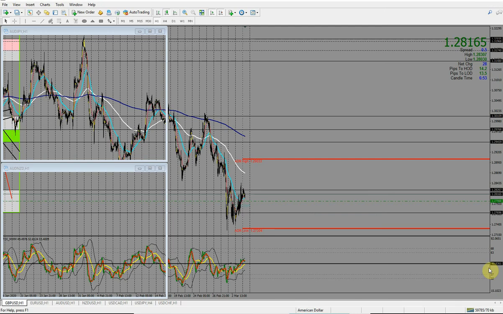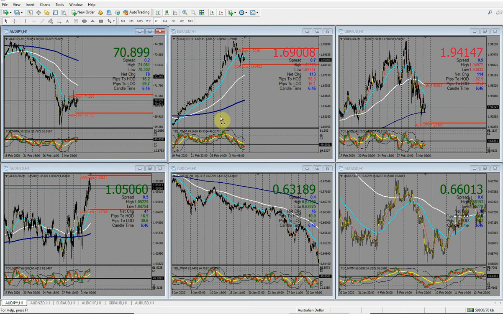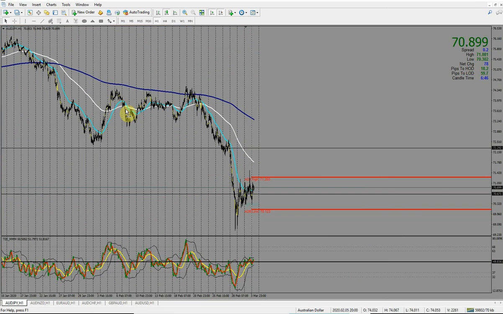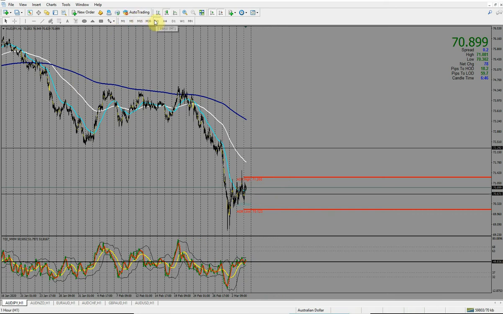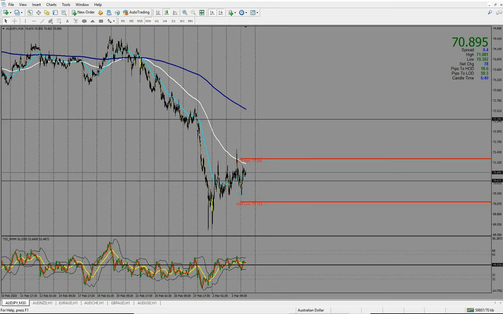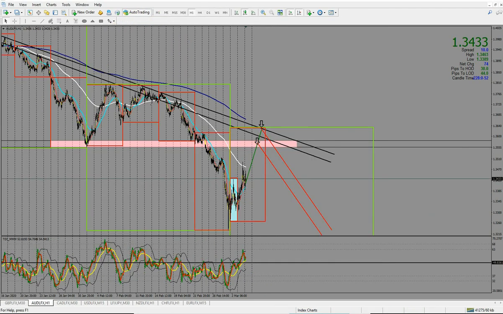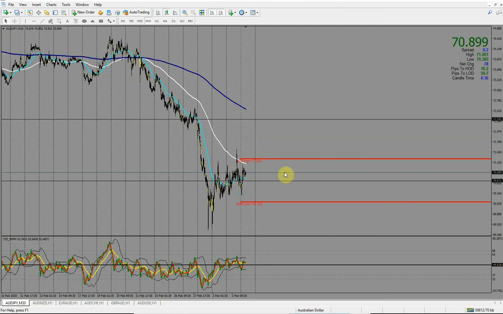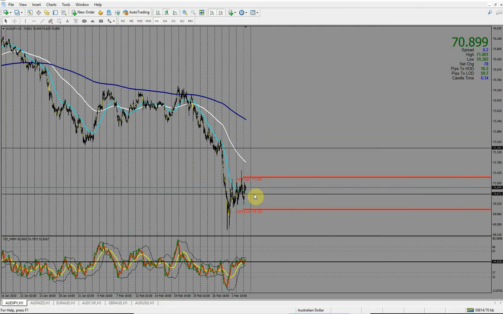So the Australian dollar, we expected to be bullish and then bearish. Which means here we're gonna expect it to go long, and then later we're gonna sell it again.